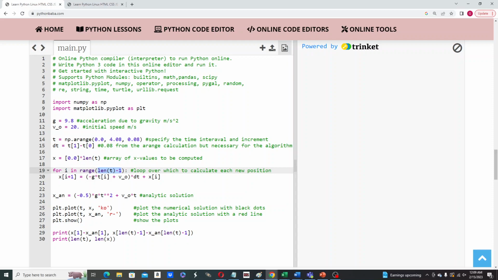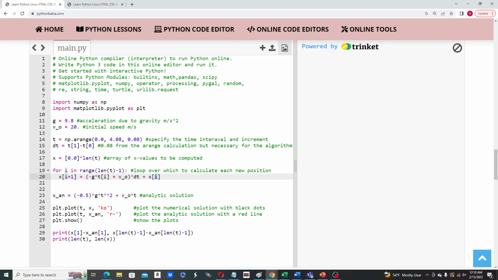So what this is saying is, if i equals 0, then this element is going to be the x1 element. This is going to be the t0 element, and this is going to be the x0 element, and we use those two elements to find the next x.